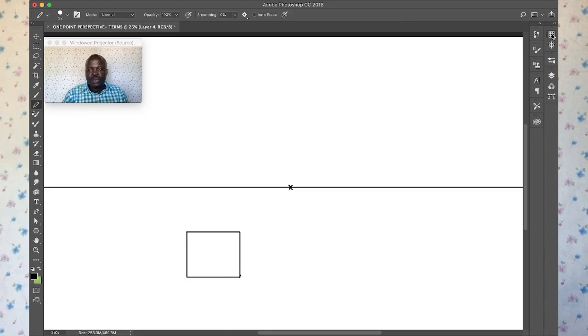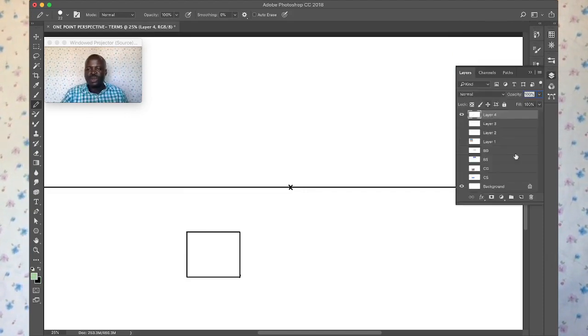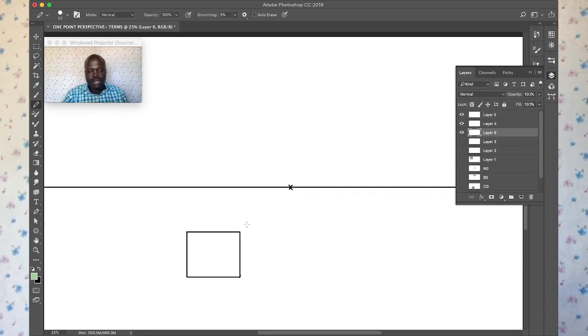The next thing we are going to do is draw now what are known as perspective lines. These are lines which guide us on drawing this box in perspective. I am choosing to use a different color so that we can see the difference clearly. And perspective lines are drawn from the corners of the box. Let us start with the corner in the middle there.